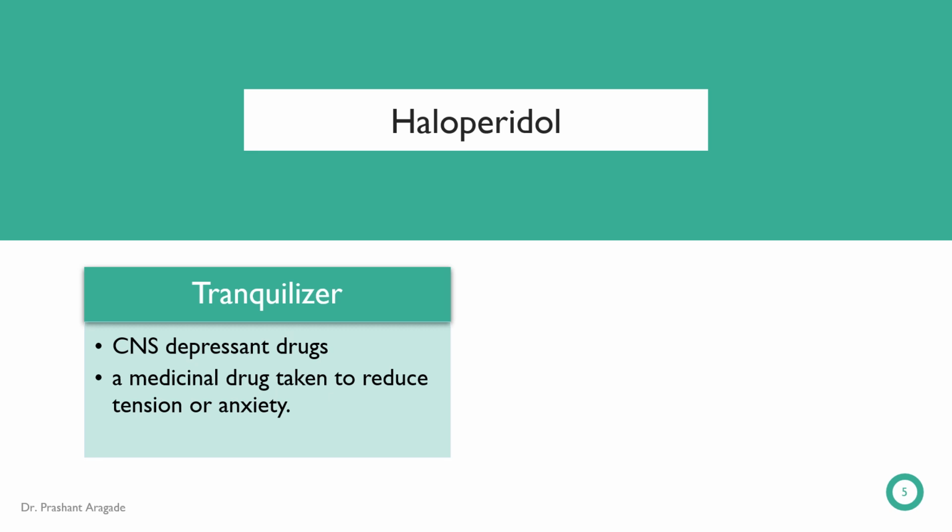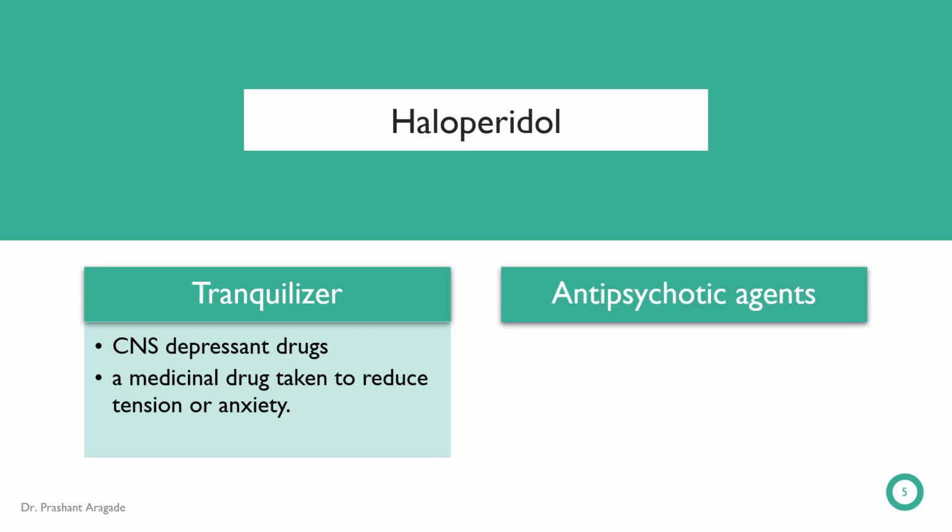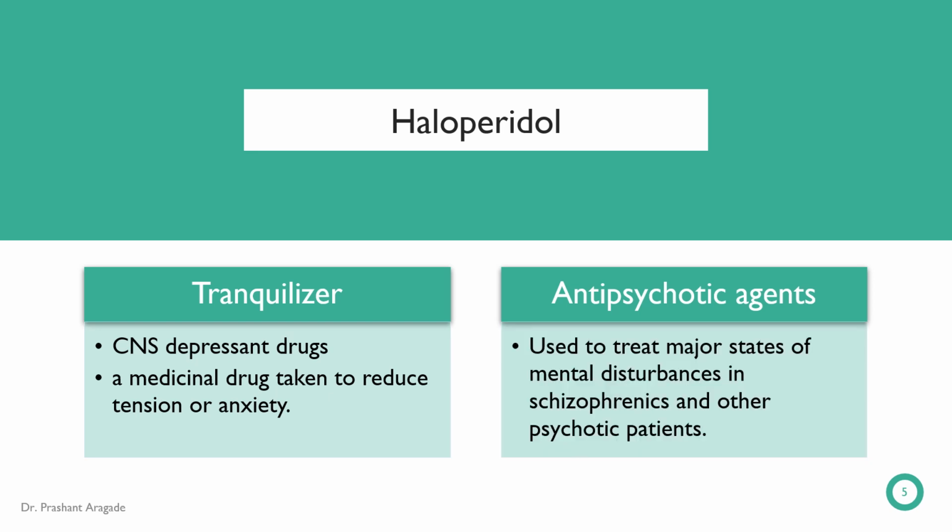Tranquilizers are divided into two groups, major and minor. Major tranquilizers are also called antipsychotic agents. The antipsychotic agents are used to treat the major states of mental disturbances in schizophrenic and other psychotic patients.